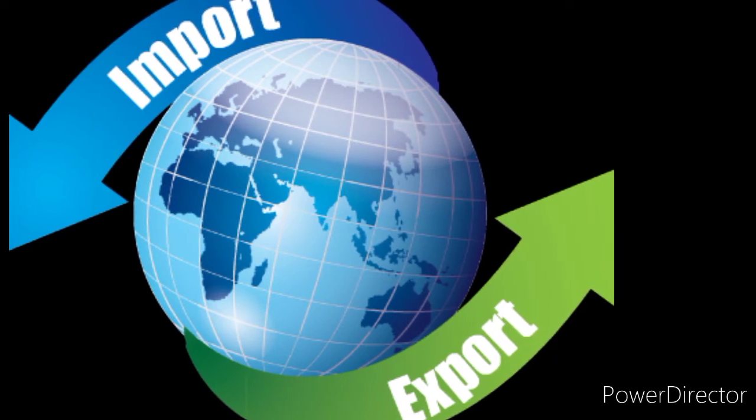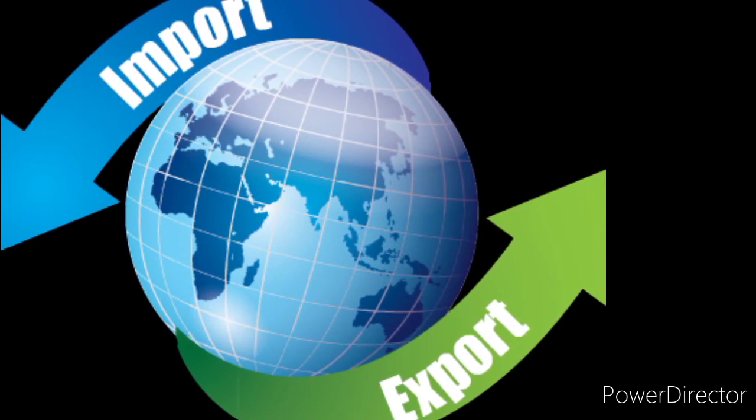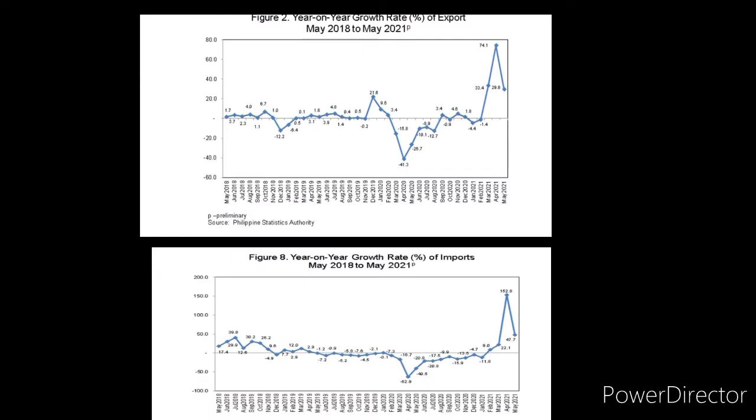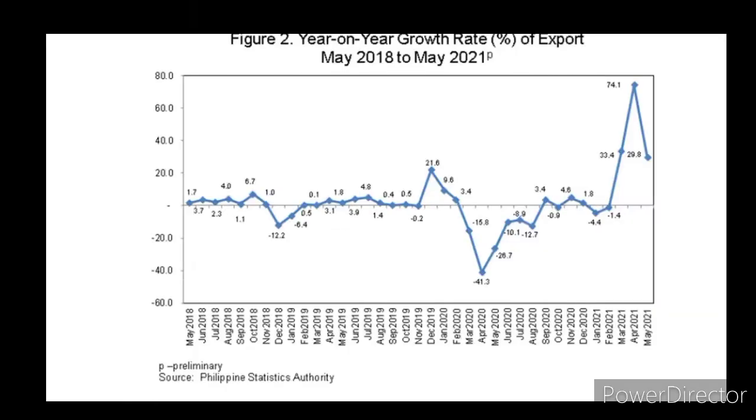So let's take an example from these two graphs. The first graph shows the year-on-year growth rate percent of exports from May 2018 to May 2021. Sales from export posted a positive growth. The country's total export sales in May 2021, amounting to USD 5.89 billion, increased at an annual rate of 28.9% from an increase of 74.1% in the previous month.